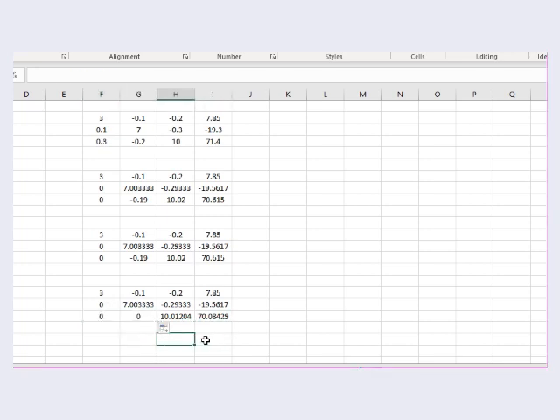So x3 is whatever number I have here divided by the number here. So I find x3 to be 7.